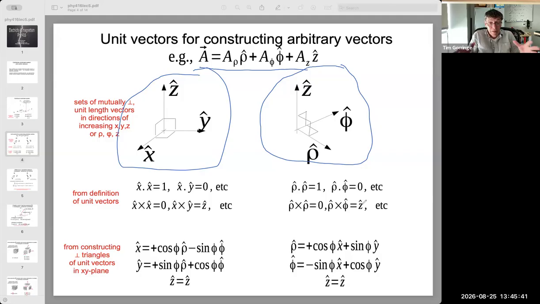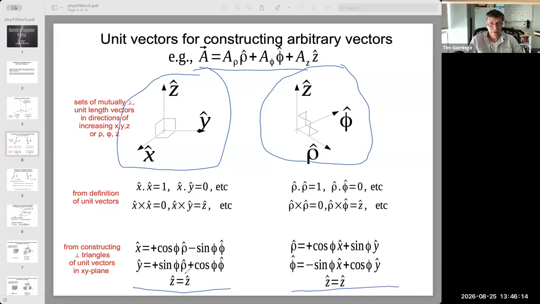But that's a big difference. And the relationship between those two sets of unit vectors, and the directions that they point in, therefore depends on where you stand in space, because that will affect the degree to which the cylindrical coordinate unit vectors have rotated with respect to, say, the x, y, z unit vectors. So that's described in these relationships down here at the bottom.